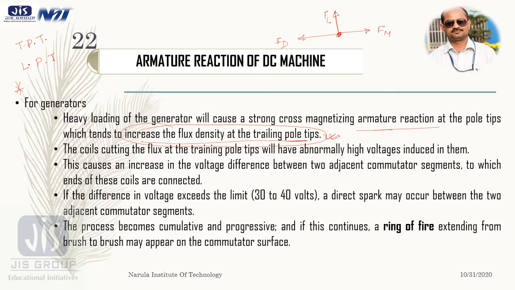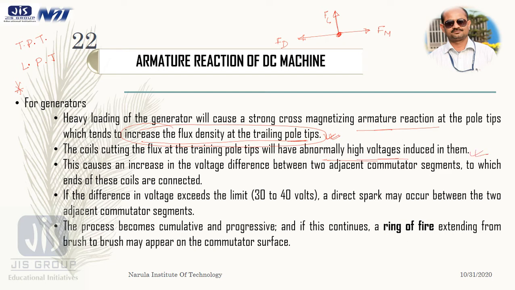Okay, so for concept only you should keep that in mind. Because of strong cross magnetizing effect of armature reaction, at the pole tips there is an increase in flux density at the trailing pole tip, and there is a thinning effect at the leading pole tip. The coil cutting the flux at the trailing pole tip will have abnormally high voltage induced in it.